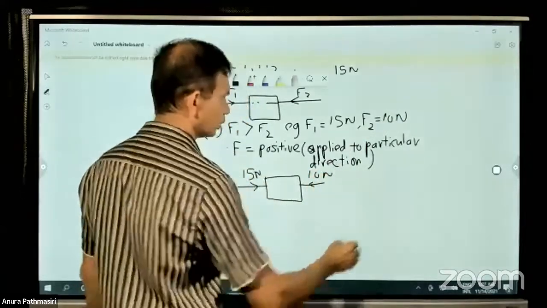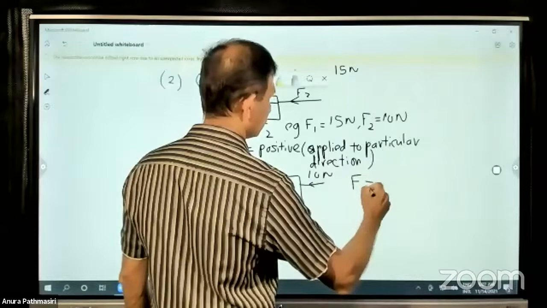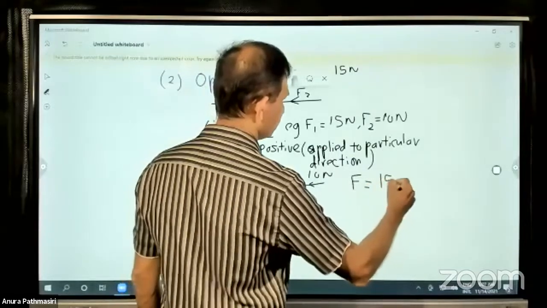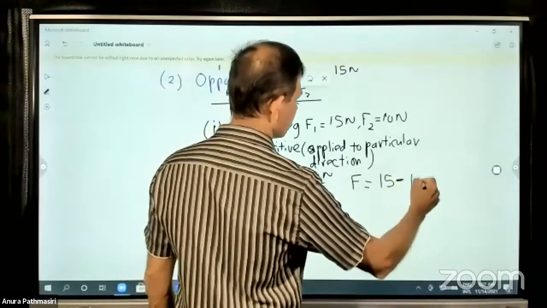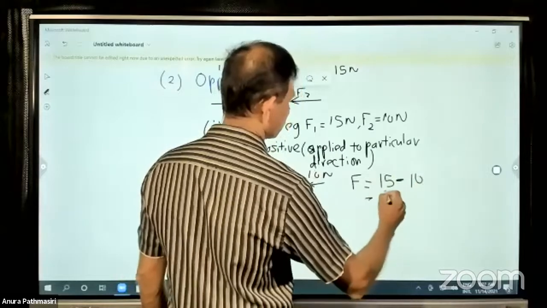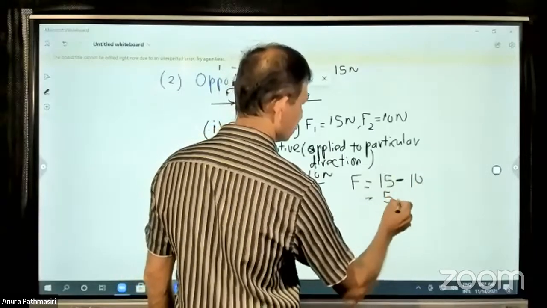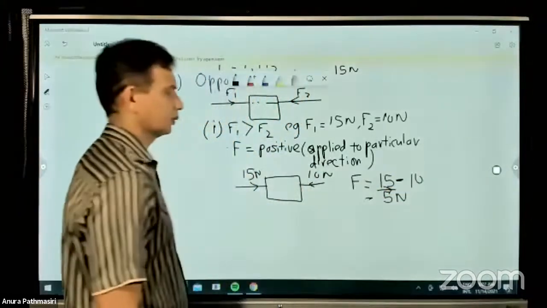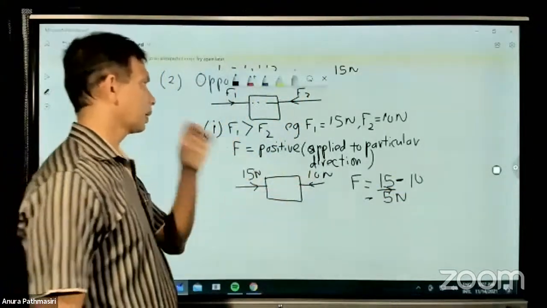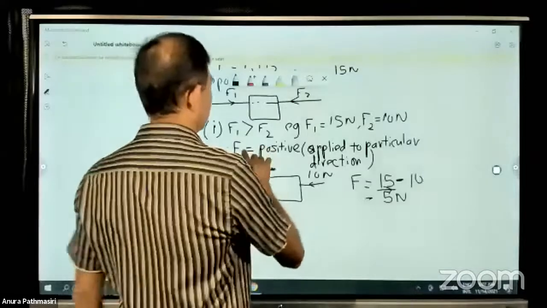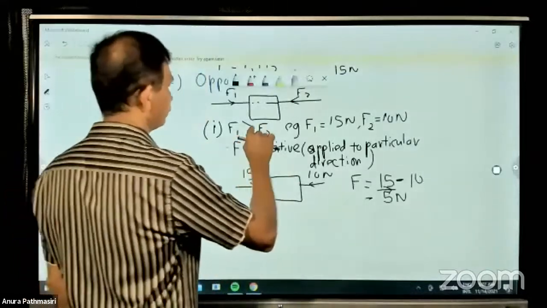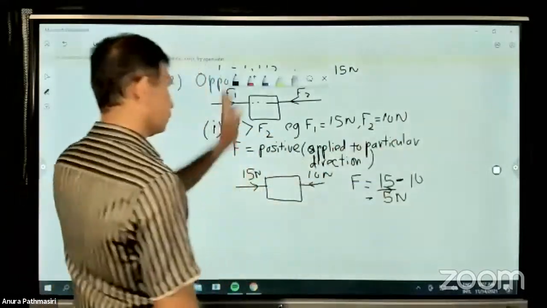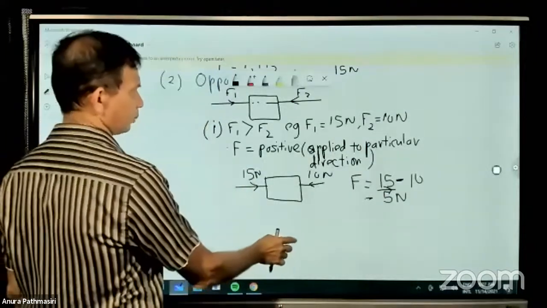So the resultant will be 15 minus 10, so 5 Newton to the same direction. F1 is bigger and F2 is smaller.